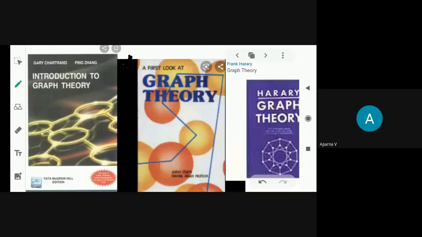Okay, now I will deal with some books for beginners. These are the three books I suggest for the beginners to look into. One is a book for Kannur University written by Balakrishnan and Ranganathan. That's a prescribed textbook.